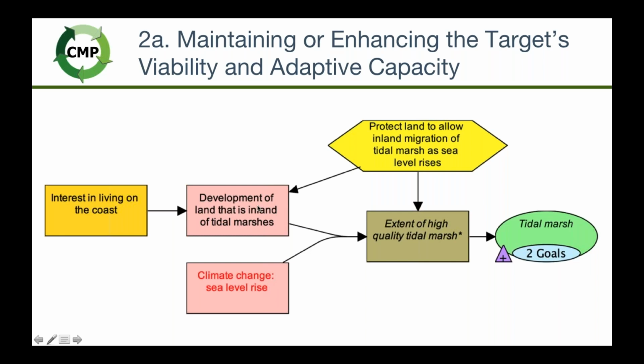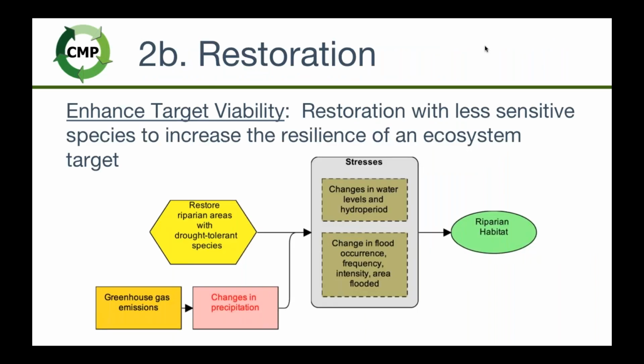If people build their houses just inland of the tidal marsh, then the tidal marsh is not going to be able to move inland as the sea level rises. So preventing development in those areas is important for maintaining and or enhancing the target's viability and adaptive capacity. I guess we just had one example of that one.